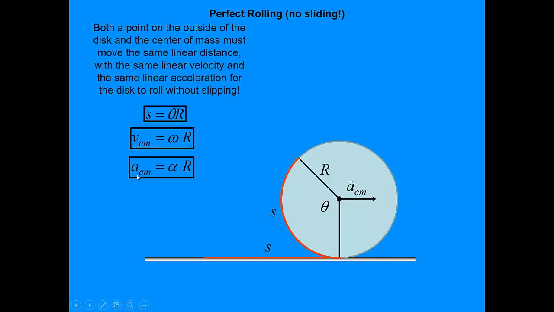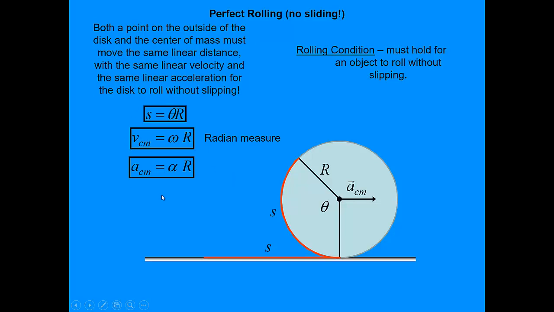And the acceleration of the center of mass is equal to the angular acceleration alpha, that's an alpha, right, times the radius. And you can look back at prior videos, right, if you want to see those derived. Okay? Remember that we have to do these in radian measure for the units to work out. Radians, which are really not a unit, but more of a name. And we call this the rolling condition.